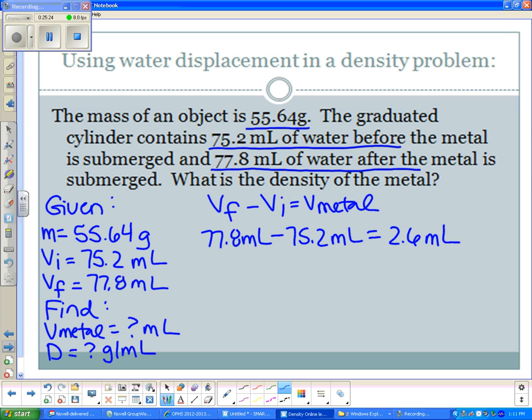Now that we have the volume of our metal, we can find the density using D equals M over V. We will plug in for our mass, which is 55.64 grams. And we'll plug in for our volume, now the volume of our metal, which is 2.6 milliliters.